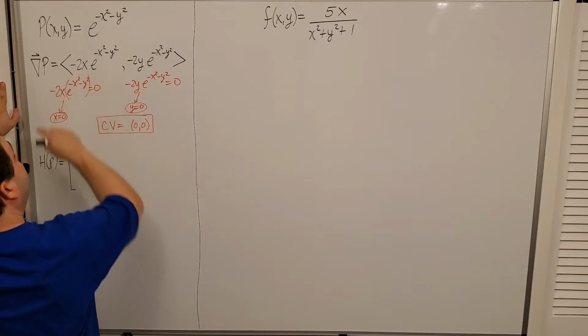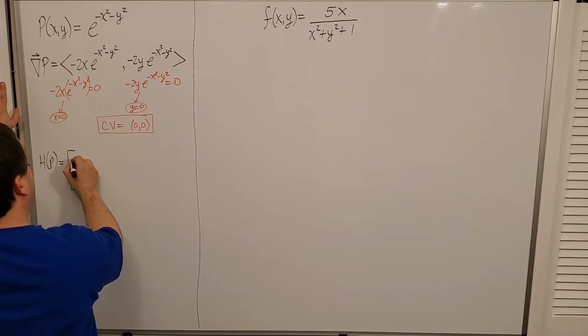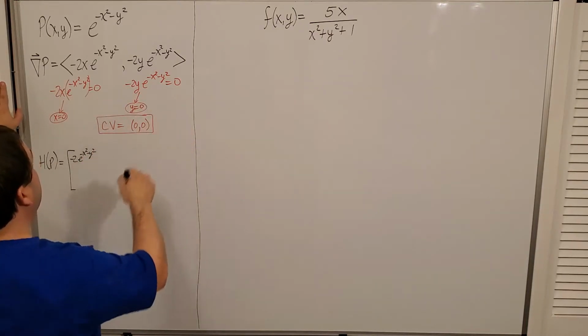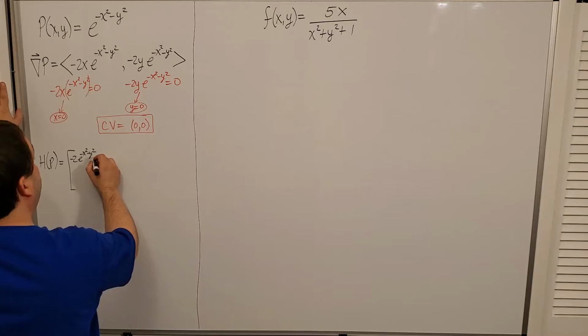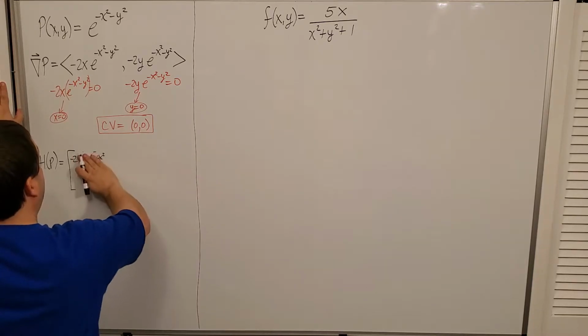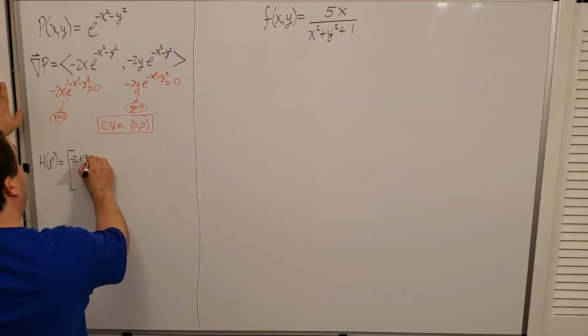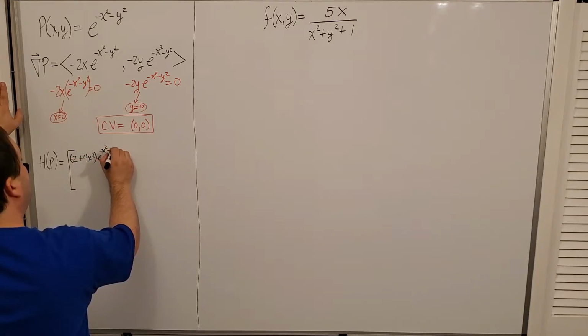So I'm going to have negative 2 e to the negative x squared minus y squared, plus 4x squared times the same thing. So I'm just going to factor it out. Plus 4x squared e to the negative x squared minus y squared.